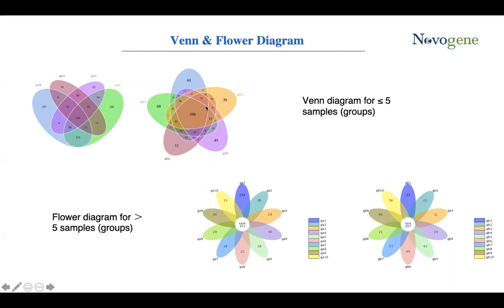And each circle or petal represents one sample or one group, and values in the overlapping parts represent common OTUs, and the other parts are specific OTUs in each sample. So for the sake of aesthetics, we suggest to use Venn diagram if the sample or group number is no more than 5. And if we have more than 5 groups or samples, using flower diagram will be much clearer to see.